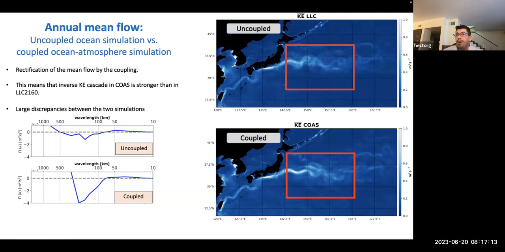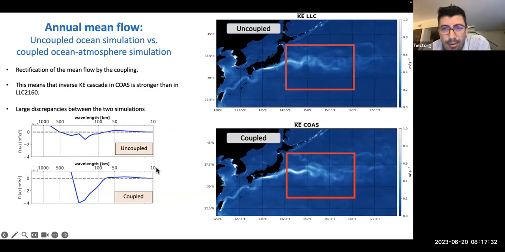So which one is the correct? I think that's an opportunity for ODYSEA, because if you compare one model against the other, it is different. Even here, the type of model is the same, but one is coupled and the other one is uncoupled, and even so you have a big discrepancy.